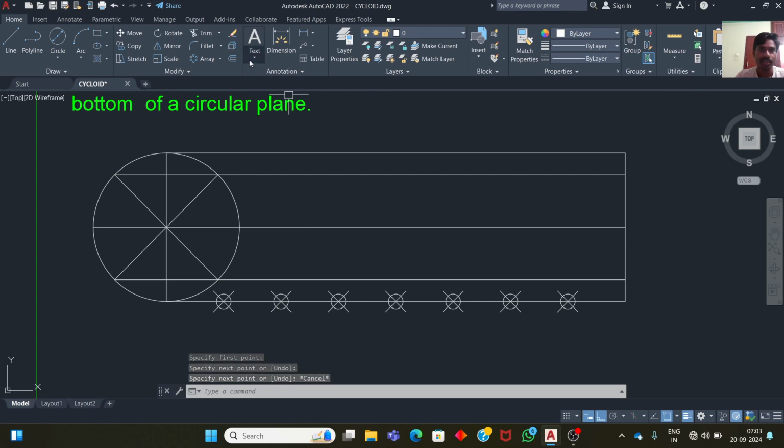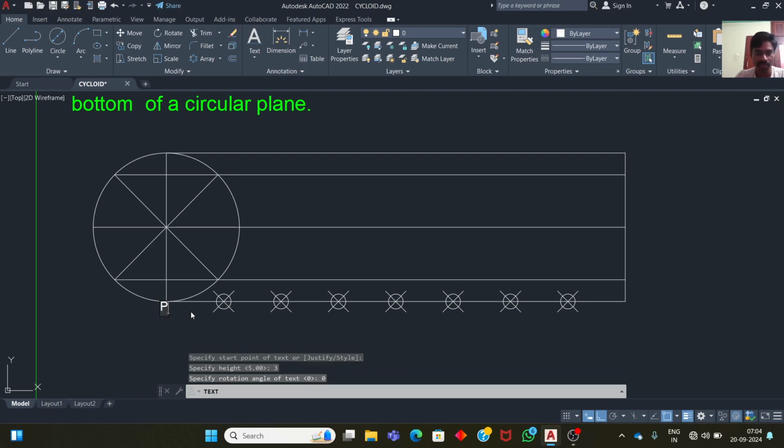Then after we need to give the notation. By using single line text, we need to give the notations. Here point P. Go to single line text, click where you want, enter the text height and rotation 0, enter.